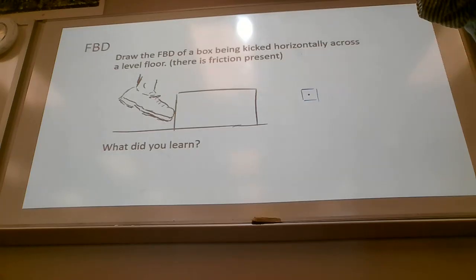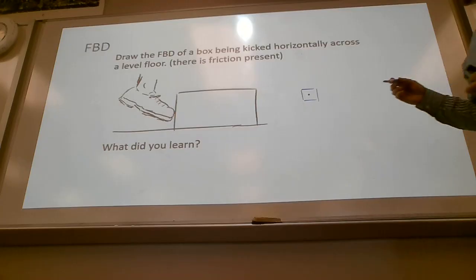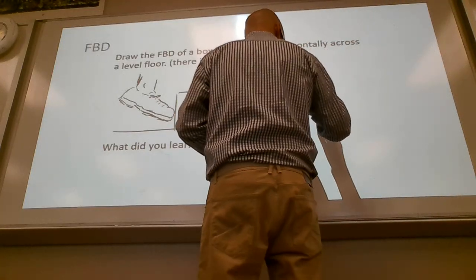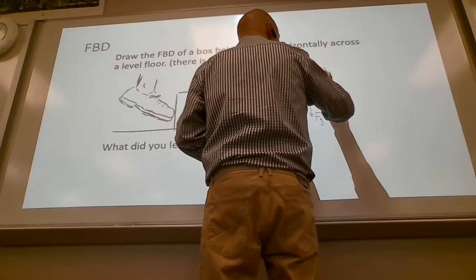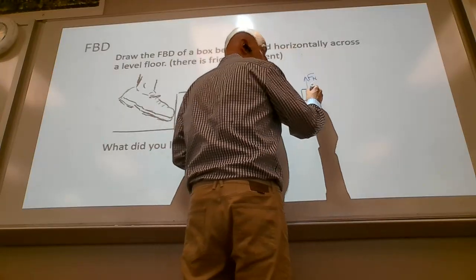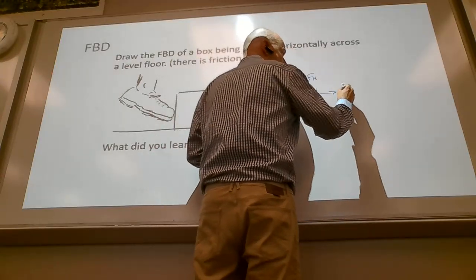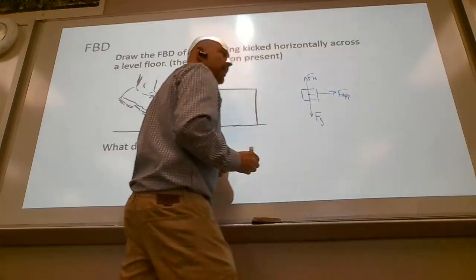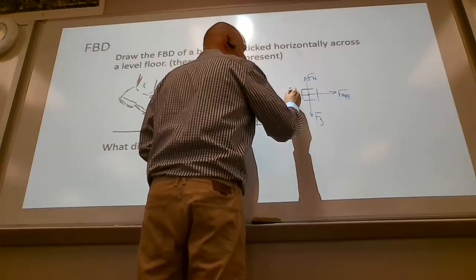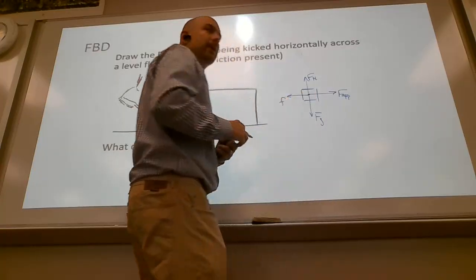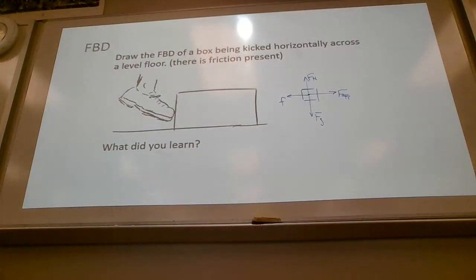Thumbs up when you have a guess. Okay, gravity, normal force, being kicked by the foot, so applied force, and there's friction, which opposes the way it is slipping or sliding. How did we do?